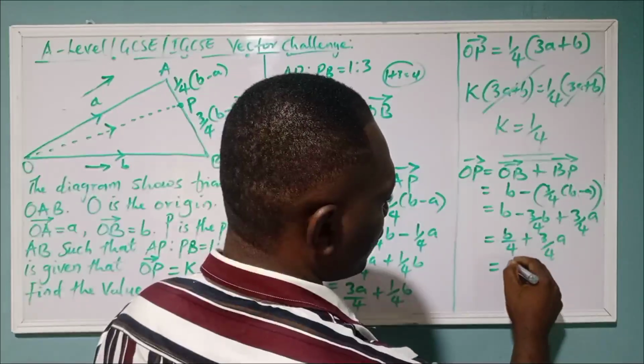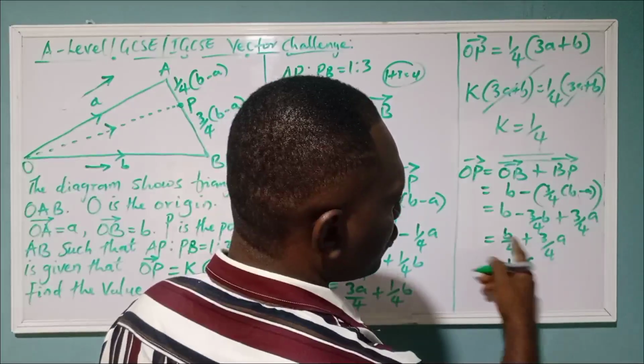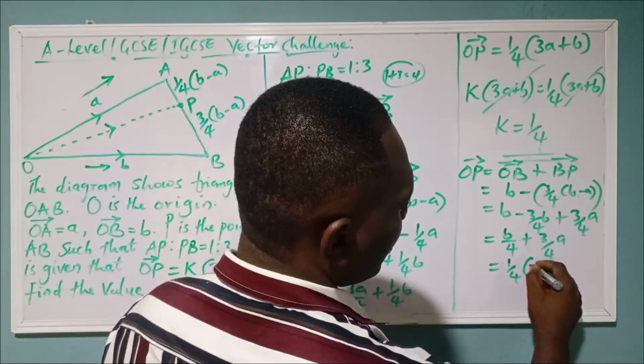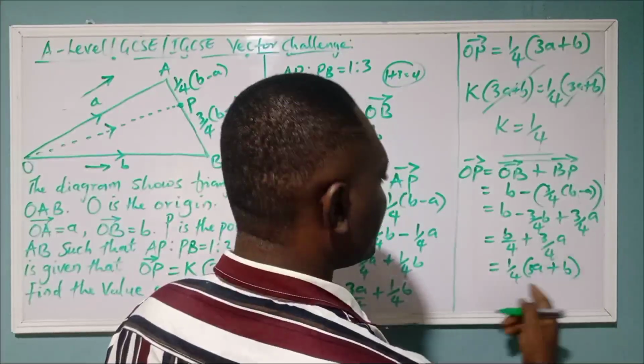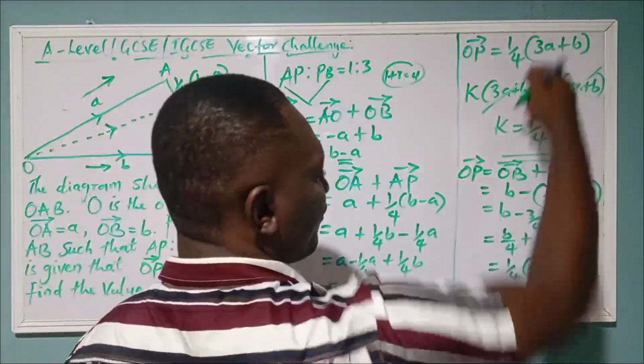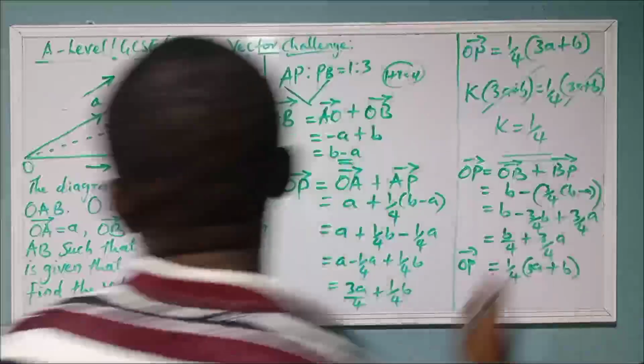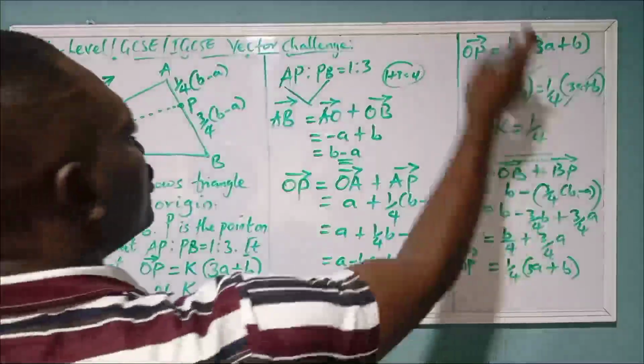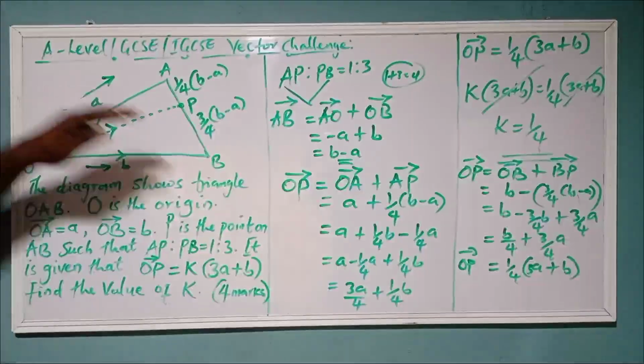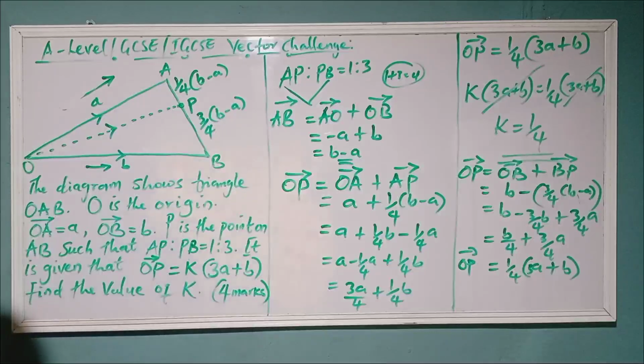We have 1/4 into (3A plus B). You see, we are back to the same value as OP. So you can either use this movement or the first movement. You still arrive at the same answer for OP.